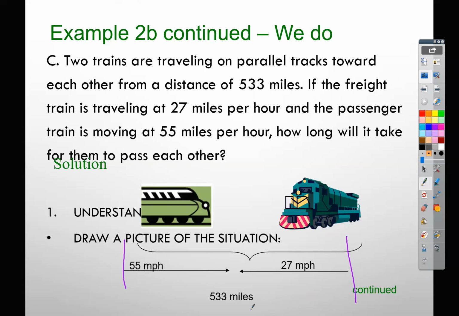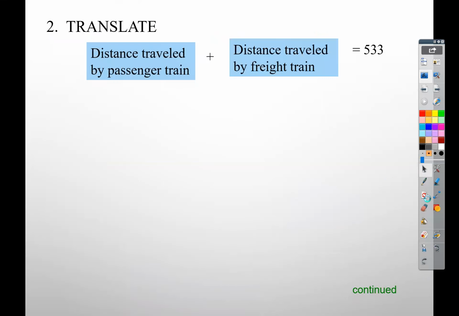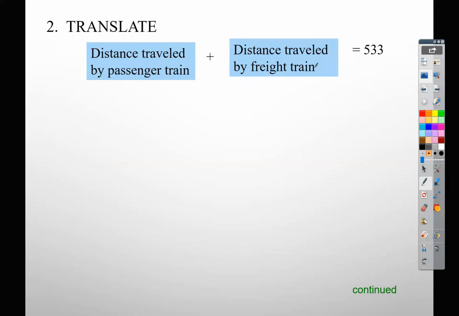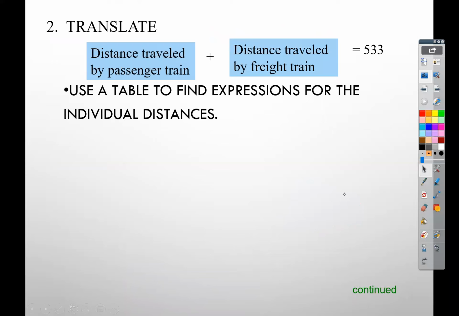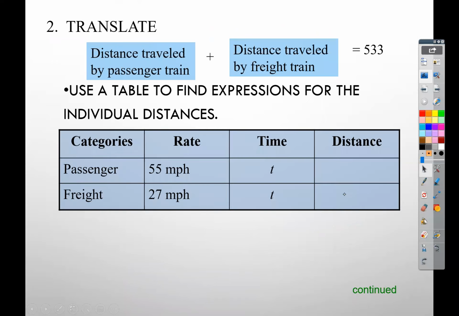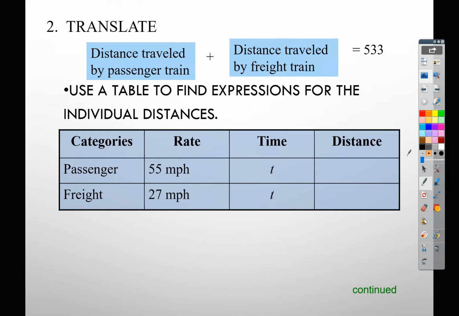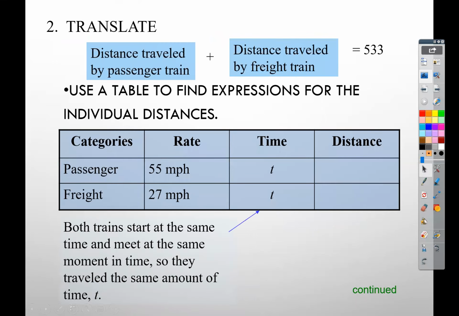So what do we do? Let's see. The distance traveled by the passenger train plus the distance traveled by the freight train is going to total that 533 where they meet in the middle. So we're going to use a table to find this. Rate times time equals distance. Both trains start at the same time and meet at the same moment in time, so they traveled the same amount of time.